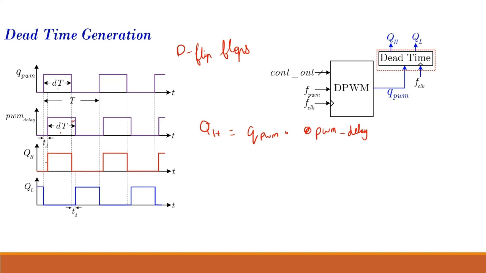Then at this extra time, which is for the dead time, one is on and another is off, so it will be 0. So that is how my signal will come. Now for my QL, if I'm not wrong, it is XOR. So QL is XOR of QPWM and PWM delay.